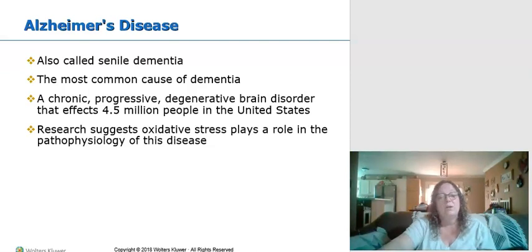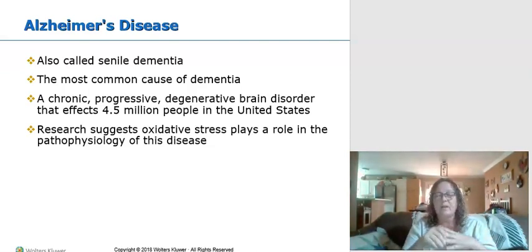So, cholinesterase inhibitors. These drugs work by boosting cell-to-cell communication and preserving the chemical messenger that is depleted in the brains of Alzheimer's patients. The improvement is modest with this.